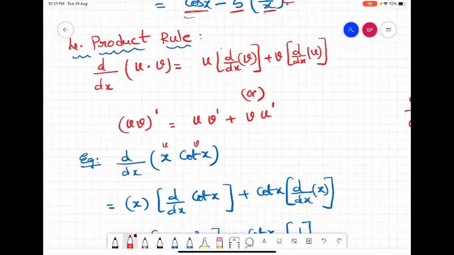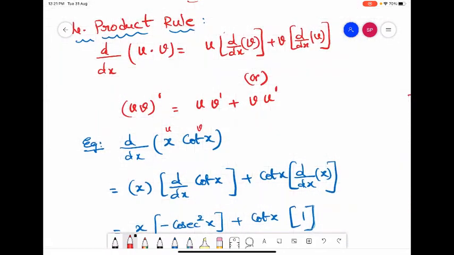There is a special formula which we call the product rule. So here I have d by dx of u into v, where the dot means product. You take the first function u into d by dx of v, the derivative of the second function, plus the second function v into the derivative of the first function.